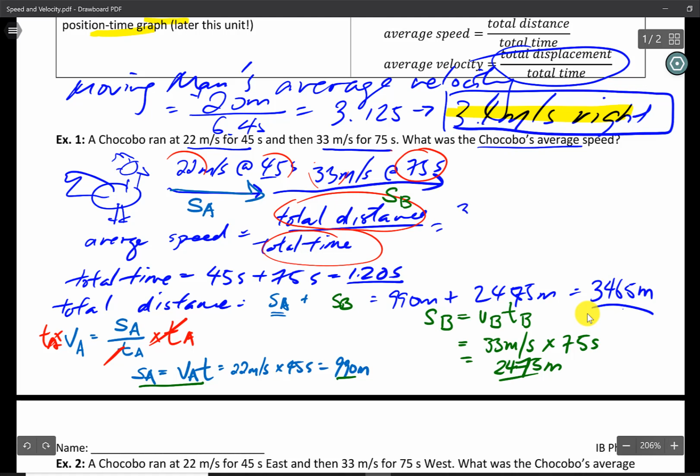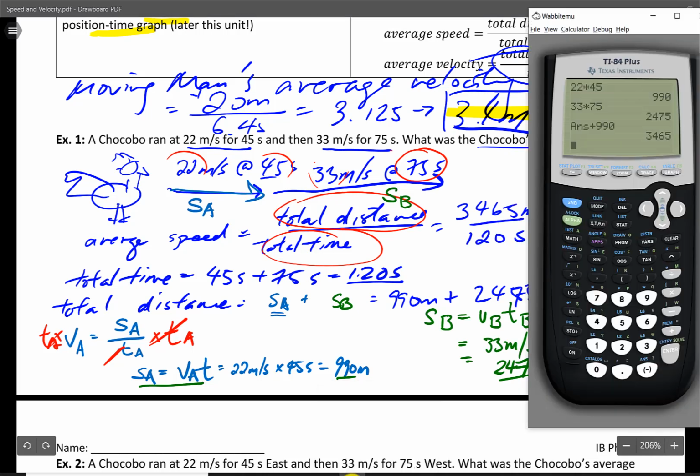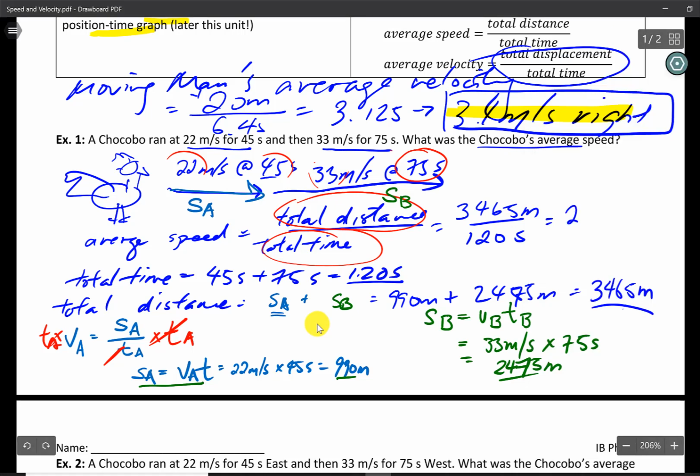We can now calculate this. 3465 meters over 120 seconds. We get 28.875, or rounded to two significant figures, 29. And notice that since the question is asking for speed, I don't need to write a direction here, okay?